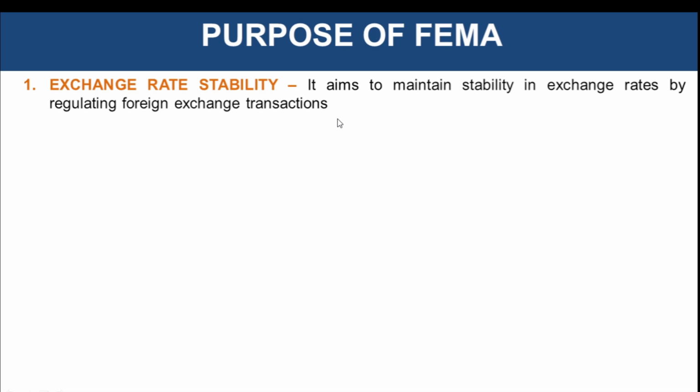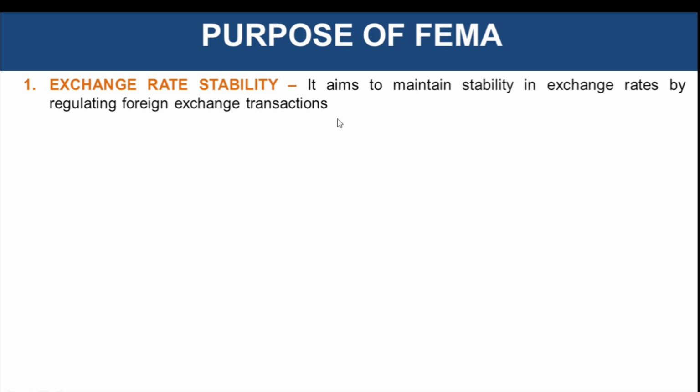Why should the value of currency be stable and not fluctuating? Because most investors investing in India are concerned about the high risk of fluctuation in the market. They want a stable currency indicating a consistently growing economy. So currency stability is maintained by FEMA.